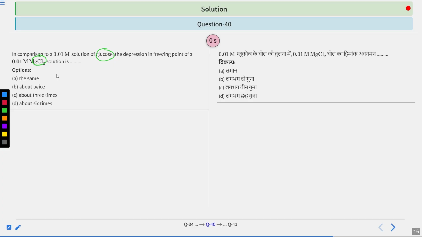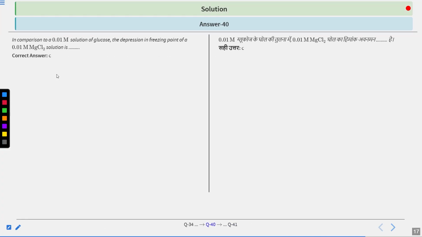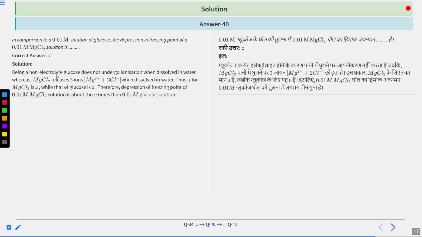Your time is up. Let us see how we can solve this question. For those who have solved, the correct answer is C. Since glucose is a non-electrolyte, I have told you it does not undergo ionization, whereas MgCl2 will furnish 3 ions, which is 1 Mg2 plus and 2 Cl minus, and therefore i will have the value 3.